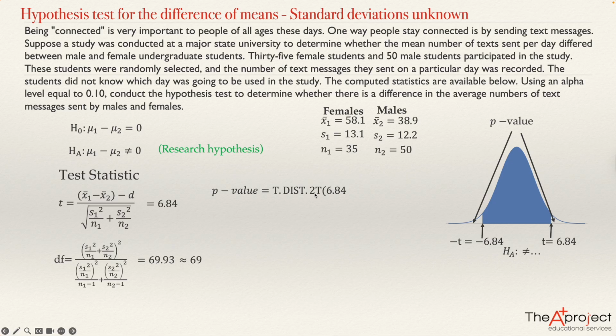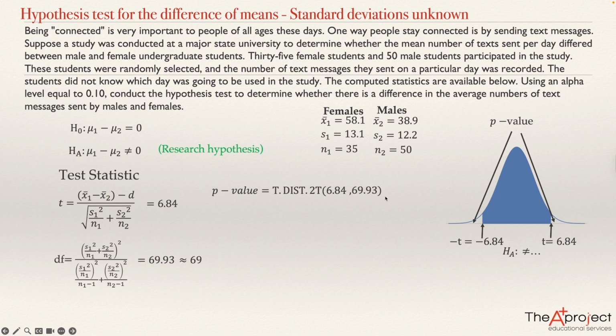If you are using software that doesn't have two tails, you can compute the right tail of 6.84 and multiply by 2, because these two areas are the same. Or if you have only areas to the left, you can write the t-distribution of minus 6.84, comma, and the degrees of freedom, and then multiply by 2 after you compute the p-value. But in this case, we have Excel, so we use t-distribution two tails, comma, and you can use the number 69.93.